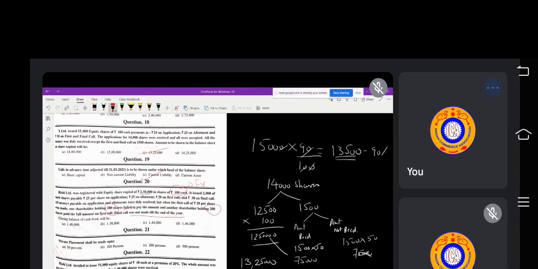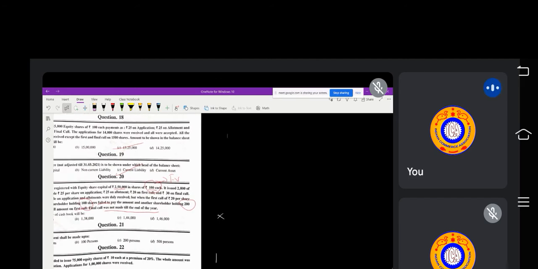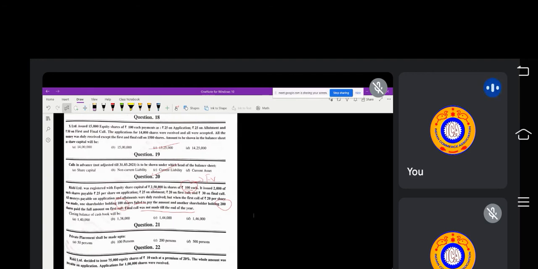Okay. Now let us work out this problem. I am just erasing this question. Now it's a very simple problem. Just listen carefully. It is mentioned how many shares were being issued by the company.